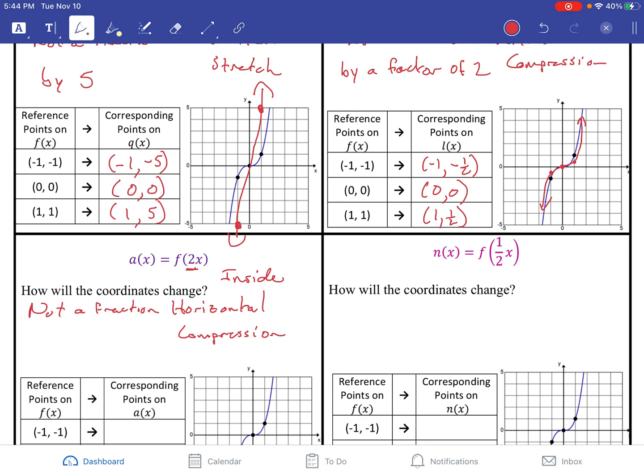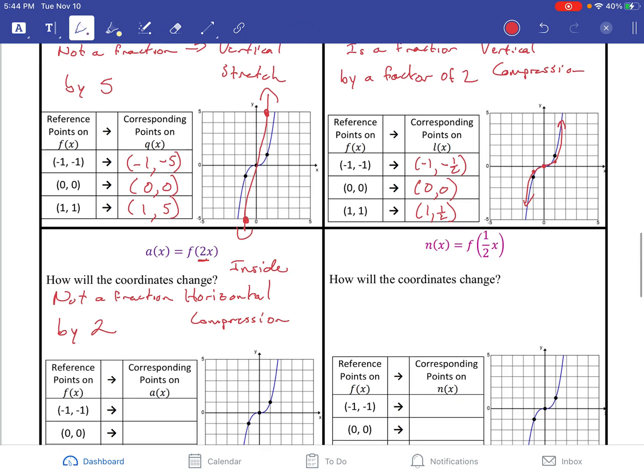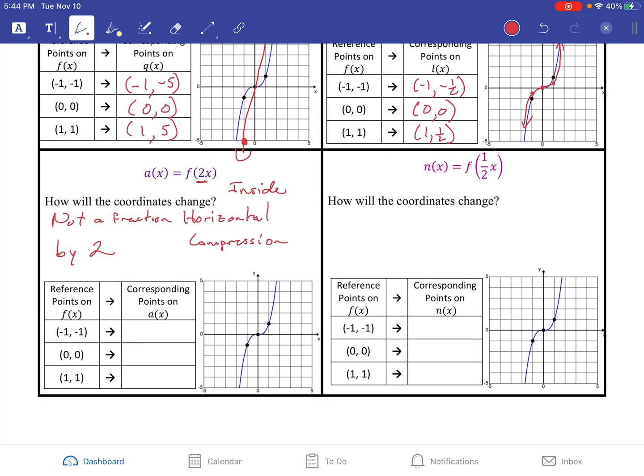Okay, and it's a horizontal compression by 2. Okay, so this is going to happen when you change the x terms instead of the y terms, because horizontal stuff is changing the x terms.